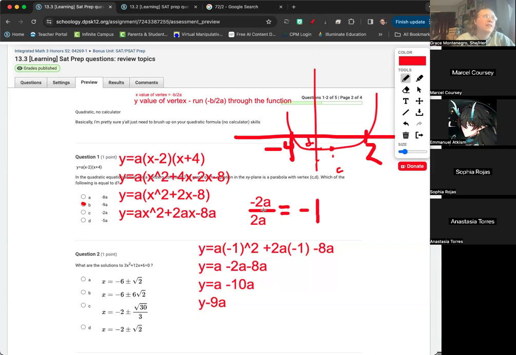That gave me the x value of the vertex is negative 1. Even though there's all these variables in here, I still got a number answer for the x value of the vertex, which is kind of cool. I took that x value of the vertex, I put it through the function to find the y value of the vertex, which did not get a number answer, but that's okay. We just can't get a number answer for this, and it is one of the results in the problem, which confirms that we got it right.